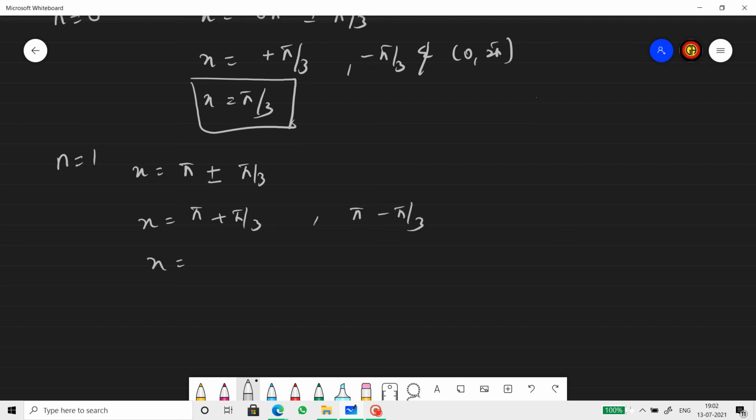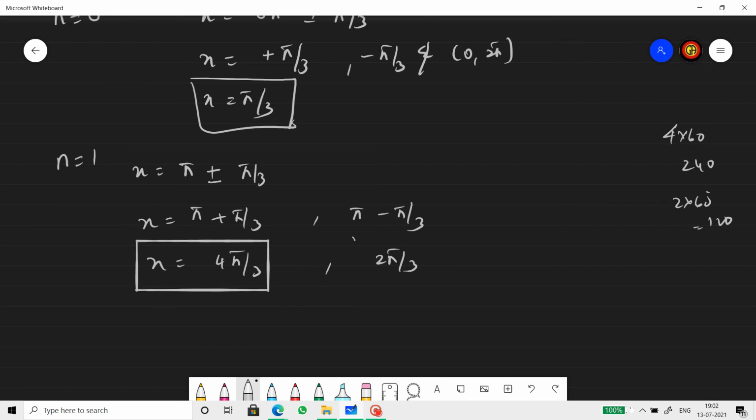So x is equal to 4 pi by 3, and here 2 pi by 3. 4 pi by 3 is 4 into 60, so what is 240? Within 0 to 2 pi. 2 into 60 is what? 120. That is also between 0 to 2 pi. So I can accept both these x values.